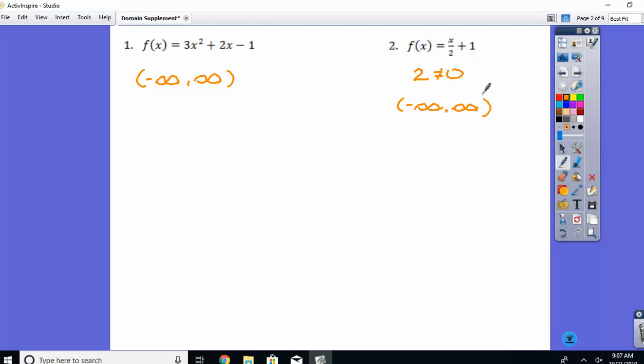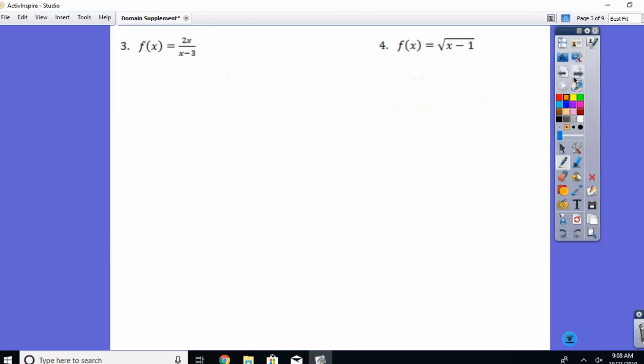So if I look, my denominator is 2. But since that doesn't equal 0, it means no matter what, I can plug in a number, divide it by 2, and add 1, and get an actual answer. My calculator is not going to tell me error if I plug anything in. So I can plug in any number in the world there. Okay, questions so far? Keep trying.